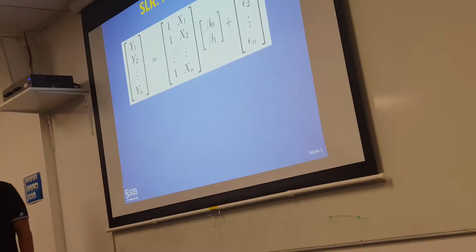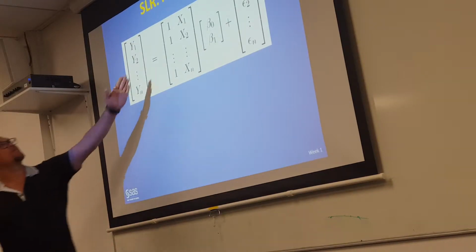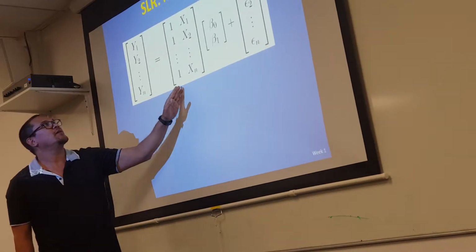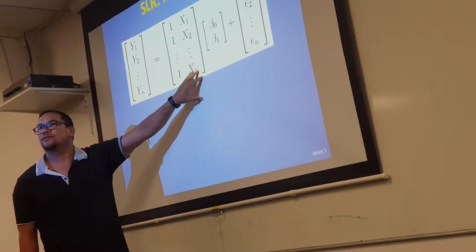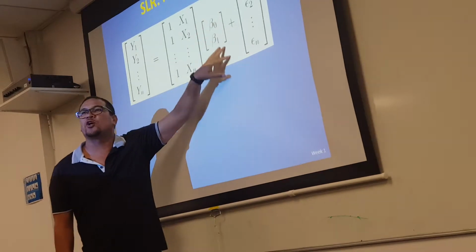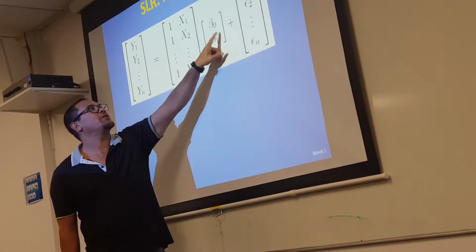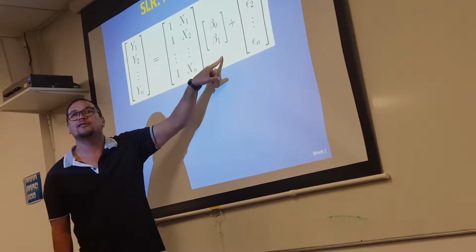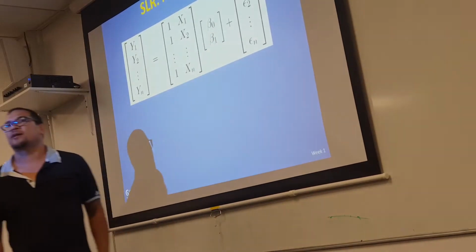It's very simple because essentially it comes down to this. Our y vector is equal to a matrix that is composed of a column of ones and then our x variables, times, and this is the bit we need to solve for, the betas. This is the one thing we have to calculate for. Times whatever vector this is, and that's the bit that's left over, plus what's remaining.